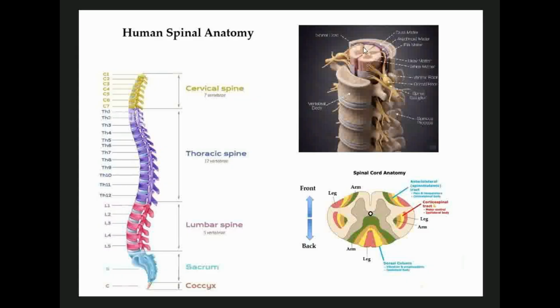And if you take a look at the spinal cord itself, it's got these dark and light colored sections. This butterfly area is the gray matter, where the nerve cell bodies are located. And then surrounding the outside of this darker area is the white matter tracts, which are where the nerve fibers run up and down, where they come from the brain down into the spinal canal, or they come from the body going up the spinal canal.